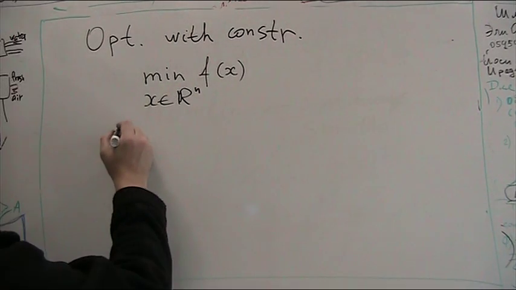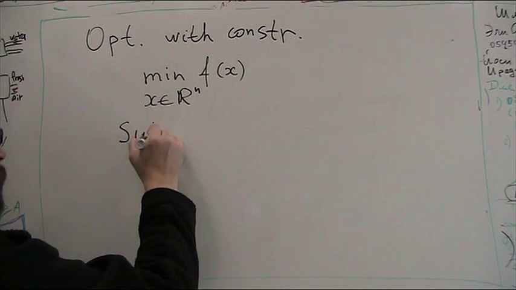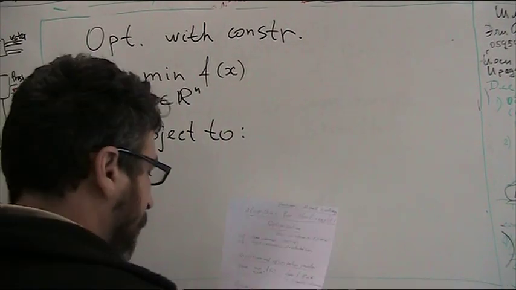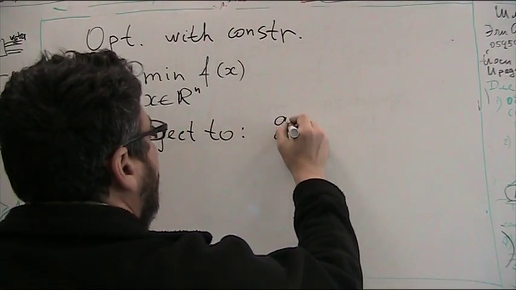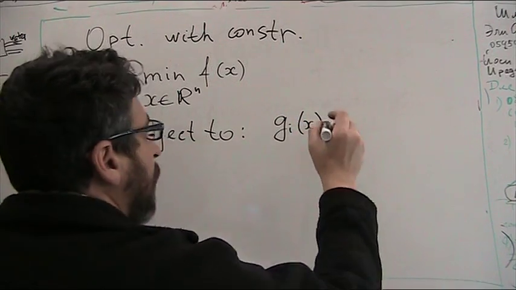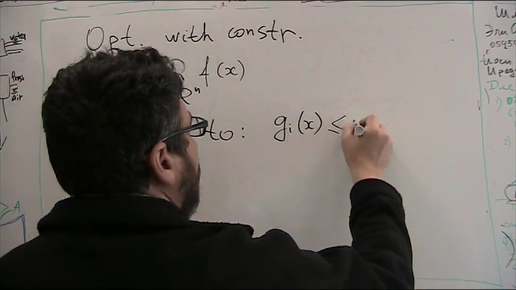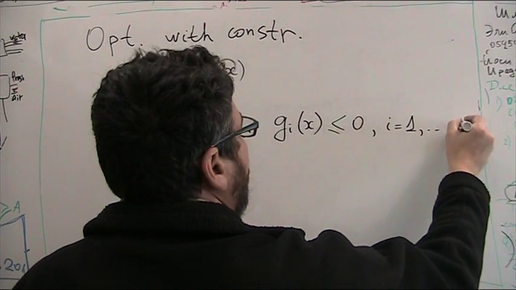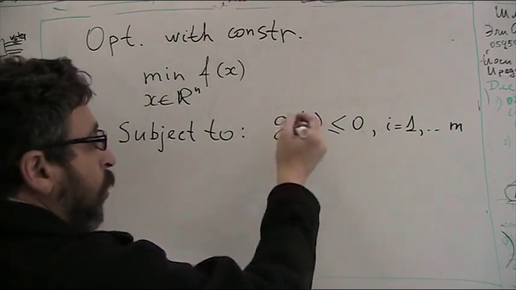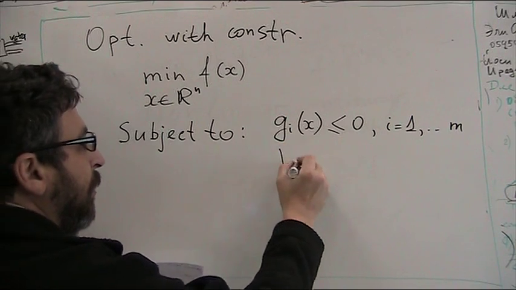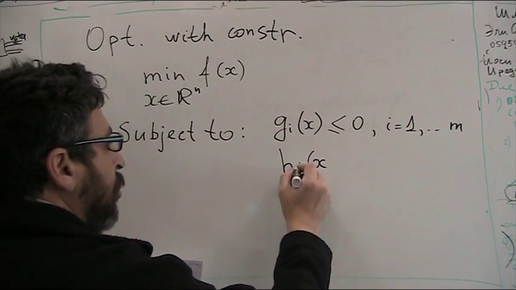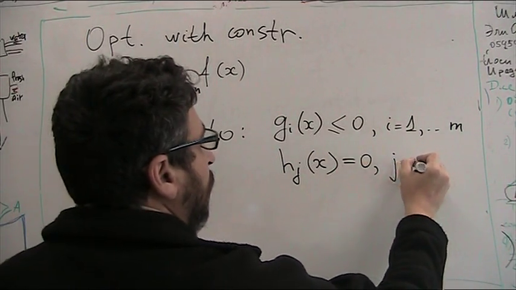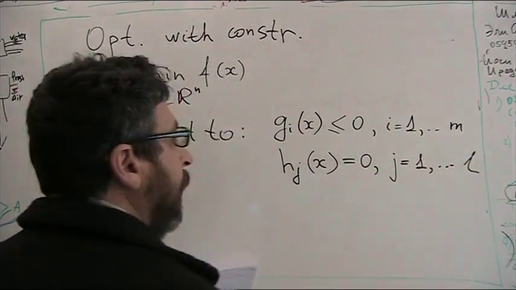So we write it this way, subject to some functions g_i of x less than or equal to 0, i from 1 to m, and possibly some other functions h_j of x equal to 0, j from 1 to l.